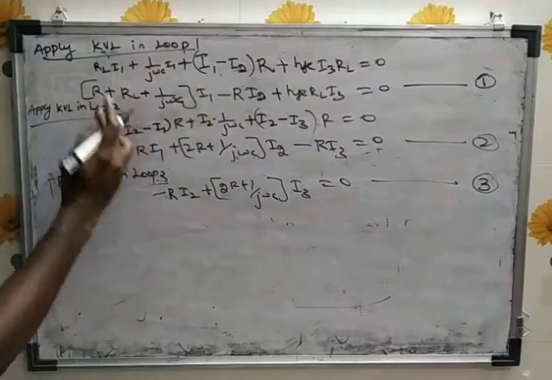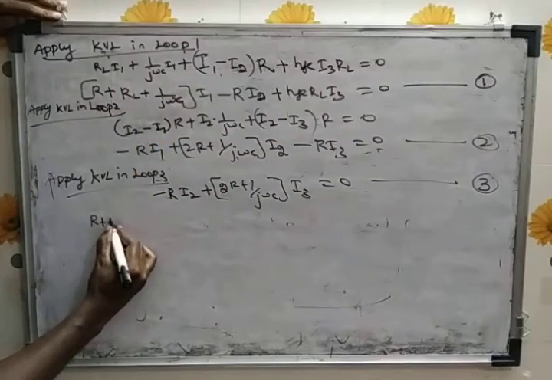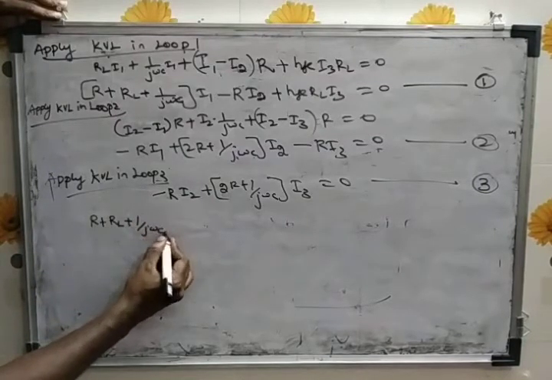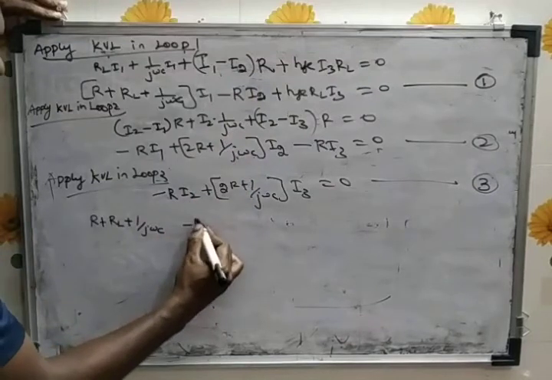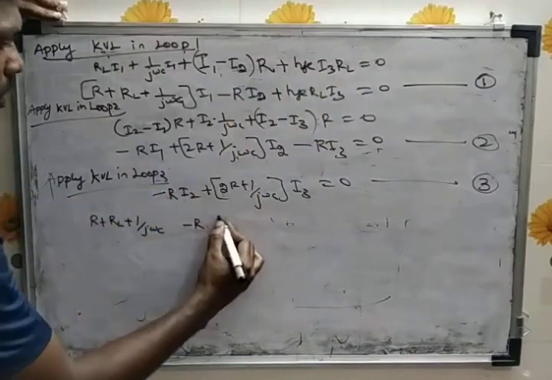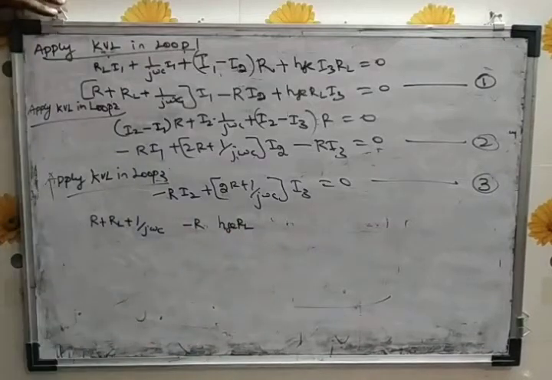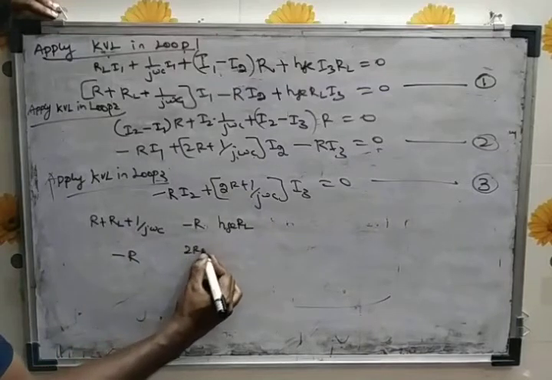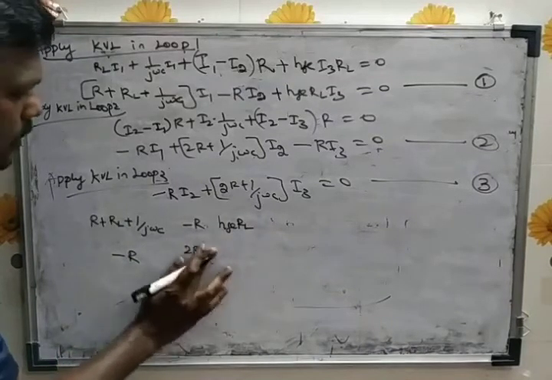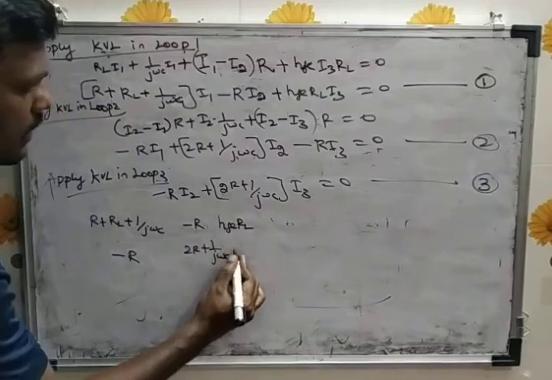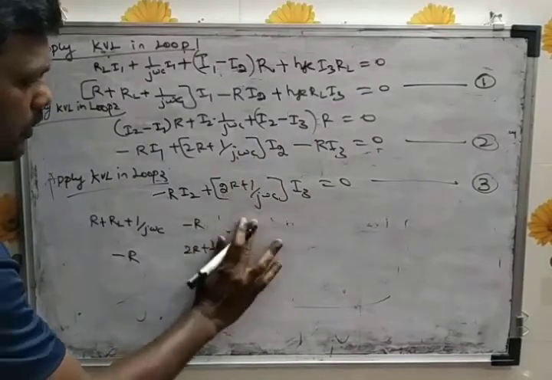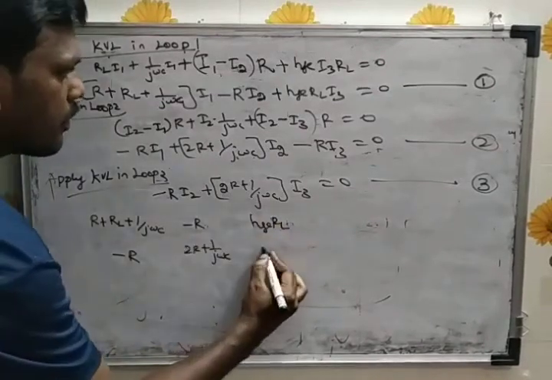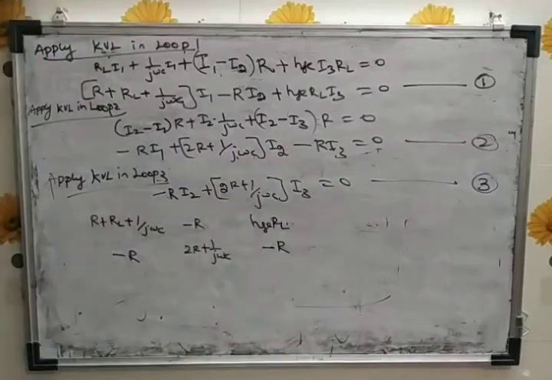Coefficient of I1 is R plus RL plus 1 by j omega C. Coefficient of I2 is minus R. Coefficient of I3 is HFE RL. Similarly, from the second equation we can write minus R, 2R plus 1 by j omega C, minus R.